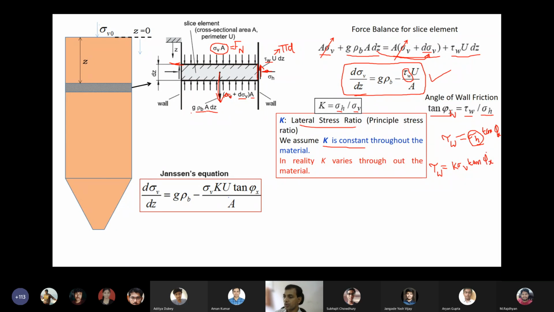Because the angle of wall friction can be measured, K can be measured, and sigma V is known. That is the load acting from the top, or it is a variable. So I have just substituted this in the formula.